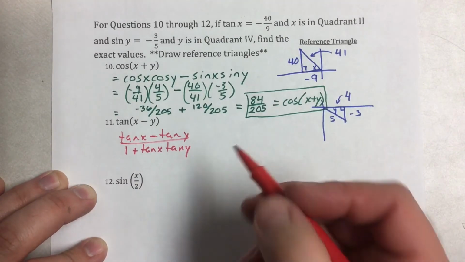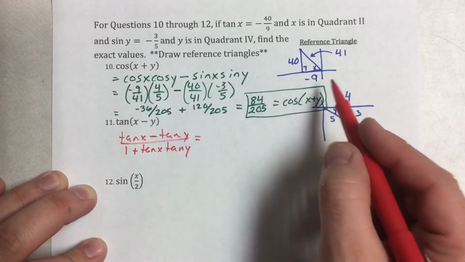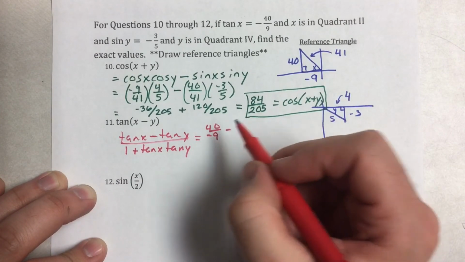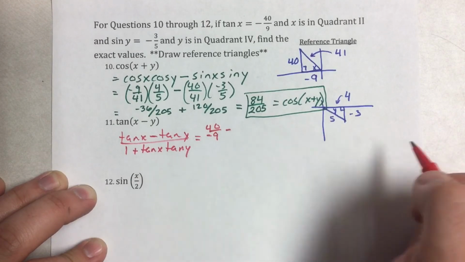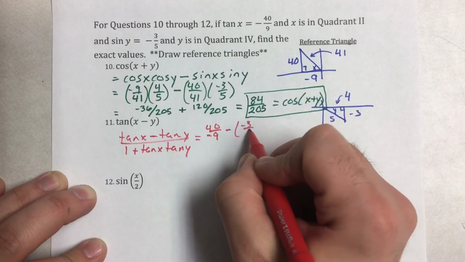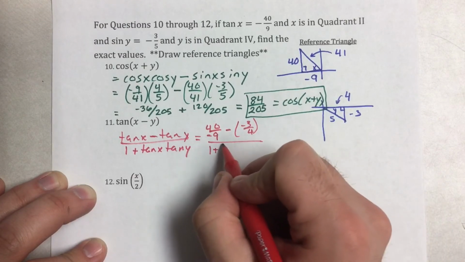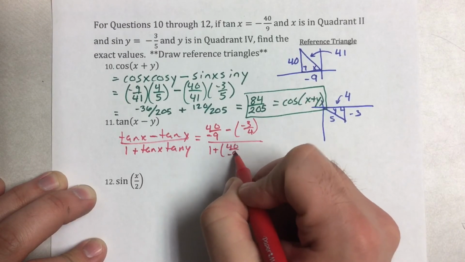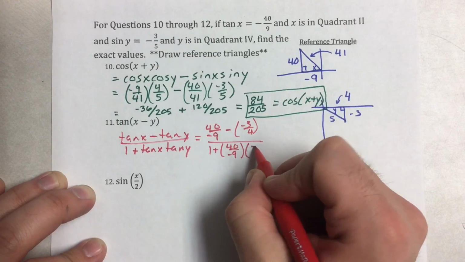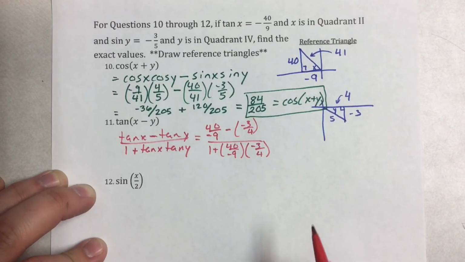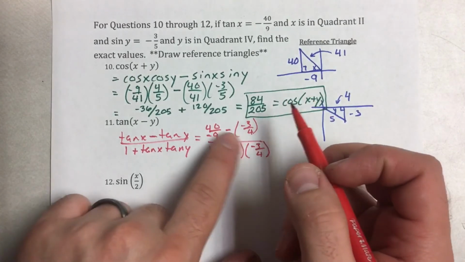We would write tangent of x, 40 over negative 9, minus tangent of y, negative 3/4, and then 1 plus, same thing. In simplifying this, we find a common denominator.